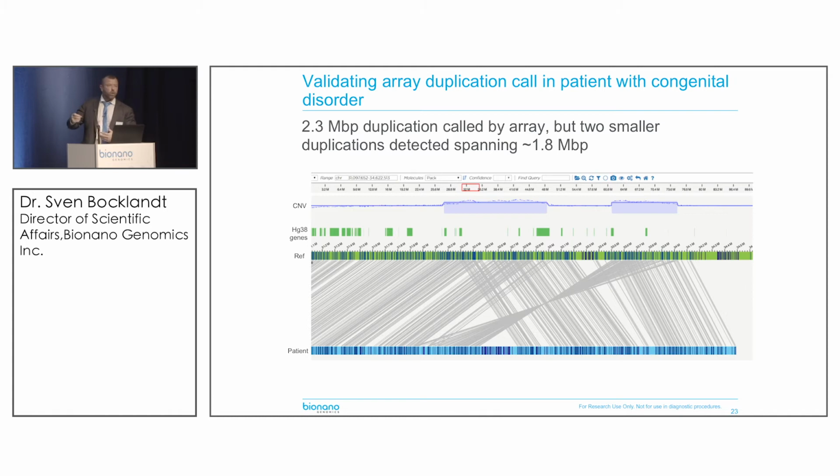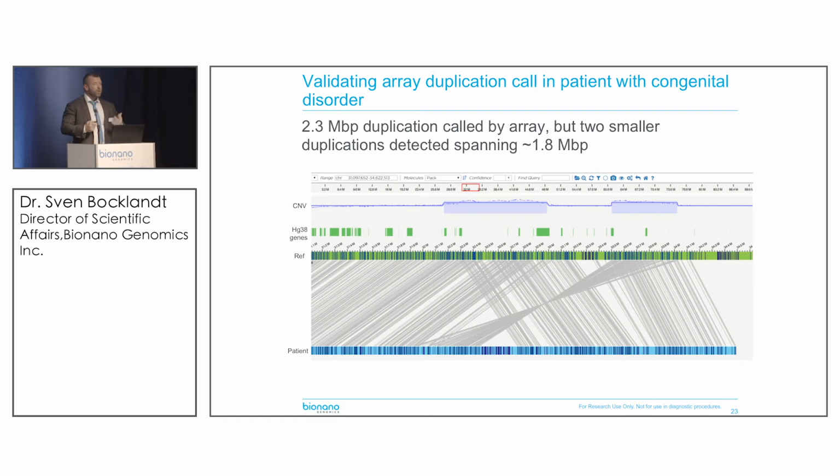But we add the order and orientation to this data. So now you can see where this duplication goes. It aligns here and also in this direction. And you can see that that second duplication is inverted, sits right next to the first, likely disrupts this large gene here. So we give you all that information that you just don't get with array.